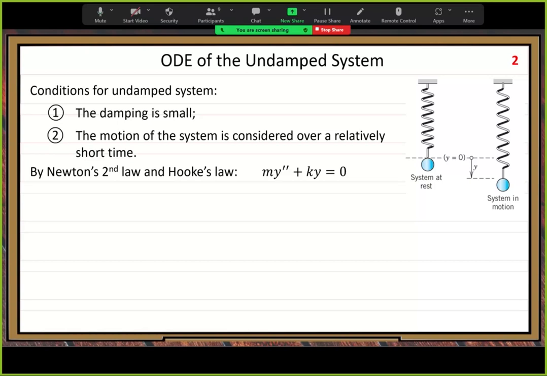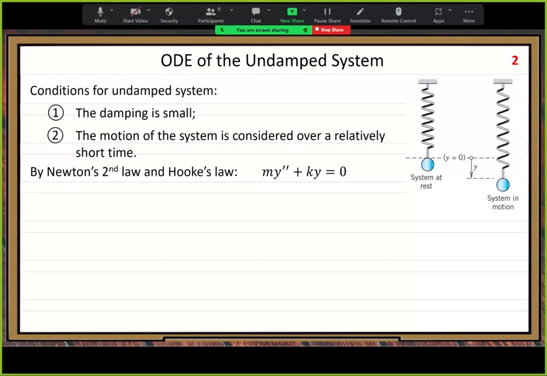And the damping part is small. The damping part, later we will see. Here, because there is a term for the damping part, we treat the damping part as 0. So here you cannot see the damping part. It's 0. So that's the simple equation.